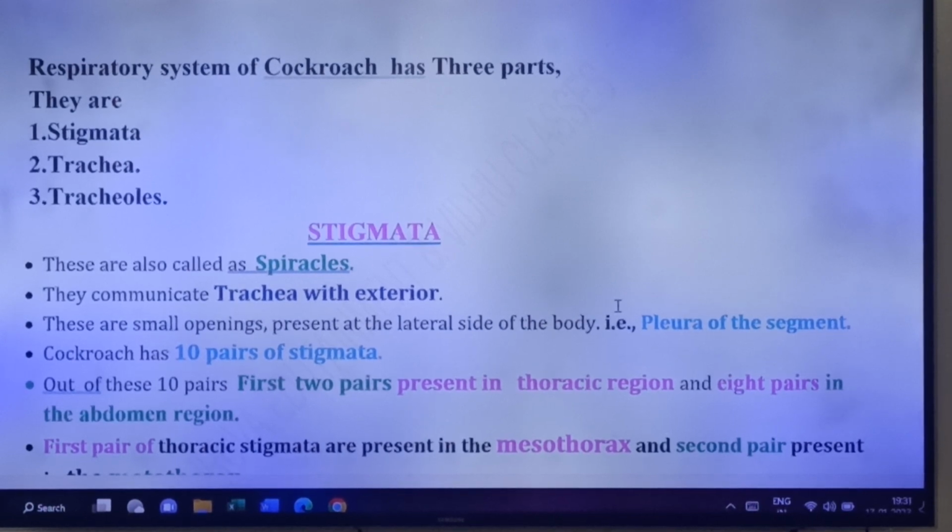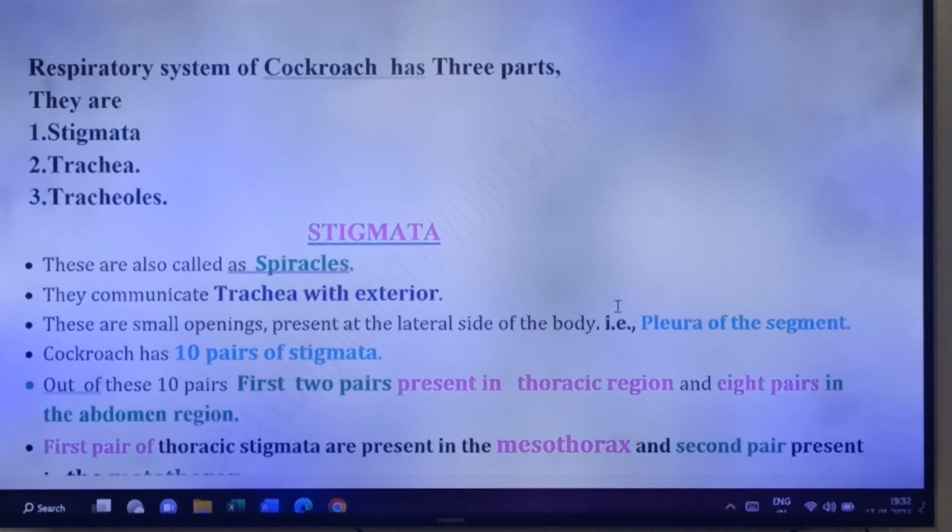Friends, in Telugu they are called swasarandhralu, vayunalalu, vayunalikalu. Stigmata are swasarandhralu, trachea are vayunalalu, tracheoles are vayunalikalu. The respiratory system of cockroach has three parts. They are what, friends? Stigmata, trachea and tracheoles.